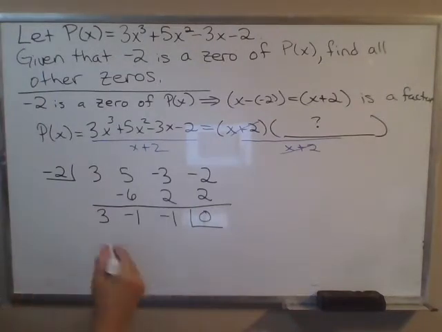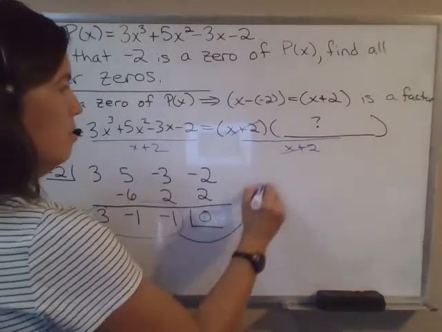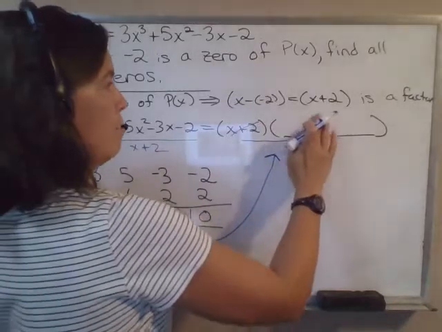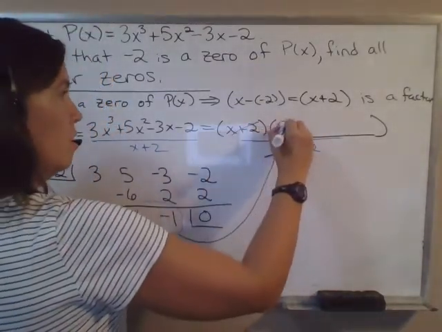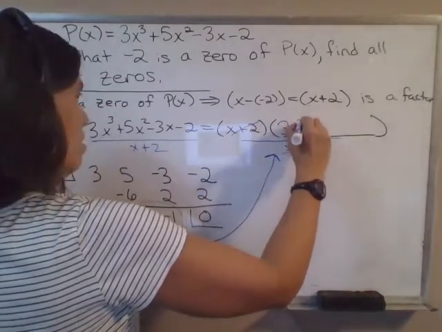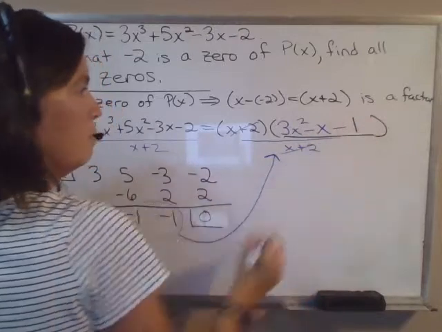This right here tells us that the missing factor, we can now fill in the blank, is 3x squared minus 1x to the first minus 1.